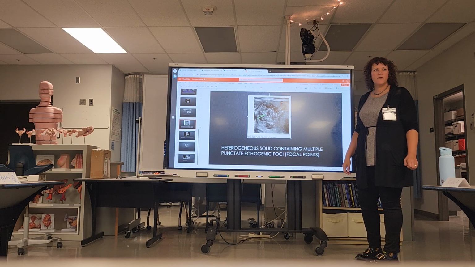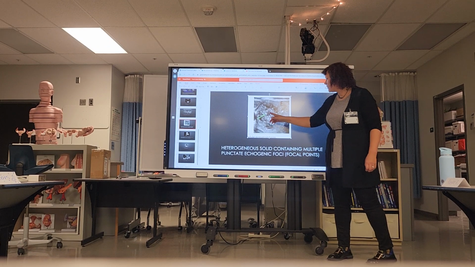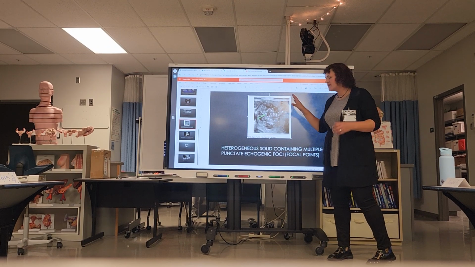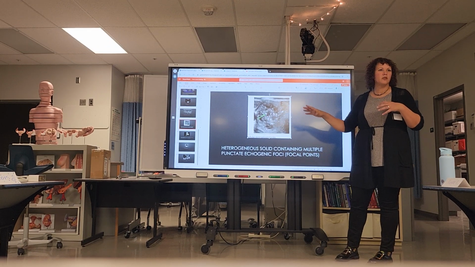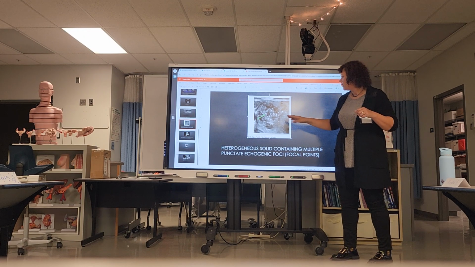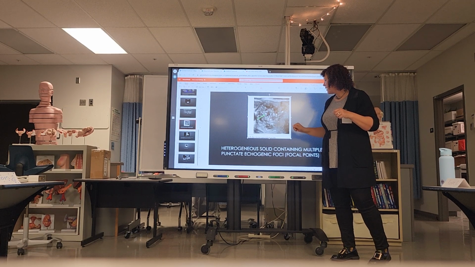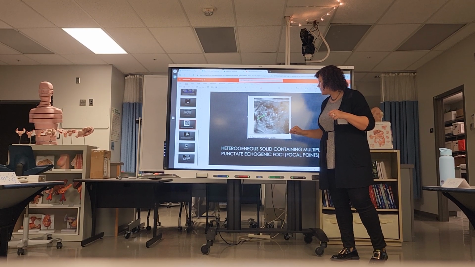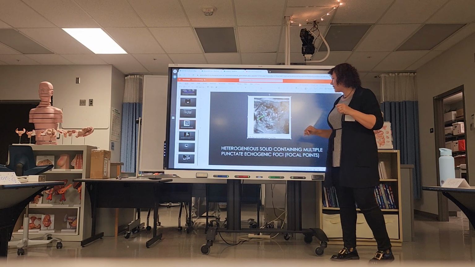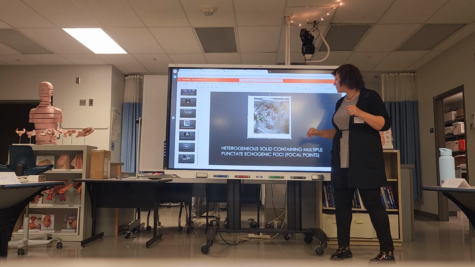That's an artifact that will come off of air, but also these colloid cysts in the thyroid. So that's advanced. But just because it's echogenic and we have an artifact beneath it, it doesn't mean that it's a calcification. This is a comet tail artifact.